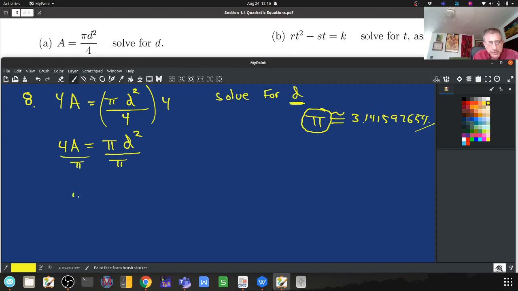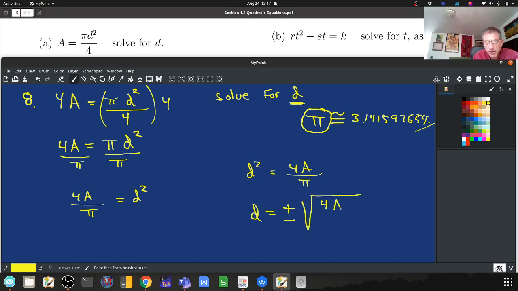So that gives me 4a divided by pi is equal to d squared, or d squared is equal to 4a divided by pi. Now I just use the square root property. I take the square root of both sides. So d is equal to plus or minus the square root of everything, 4a over pi.